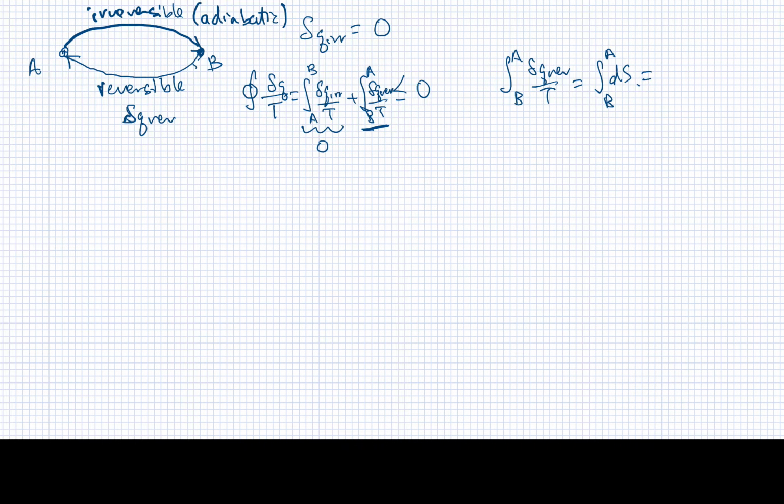So if I integrate ds from B to A, what I'm going to get is sA minus sB. So if sA minus sB is less than or equal to 0, then I know that sA must be less than sB. In other words, the entropy content over here in state A is less than the entropy content over here in state B.